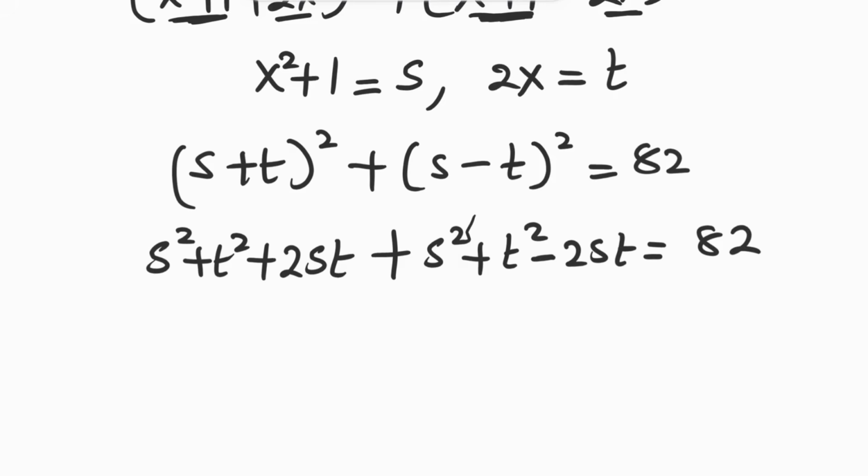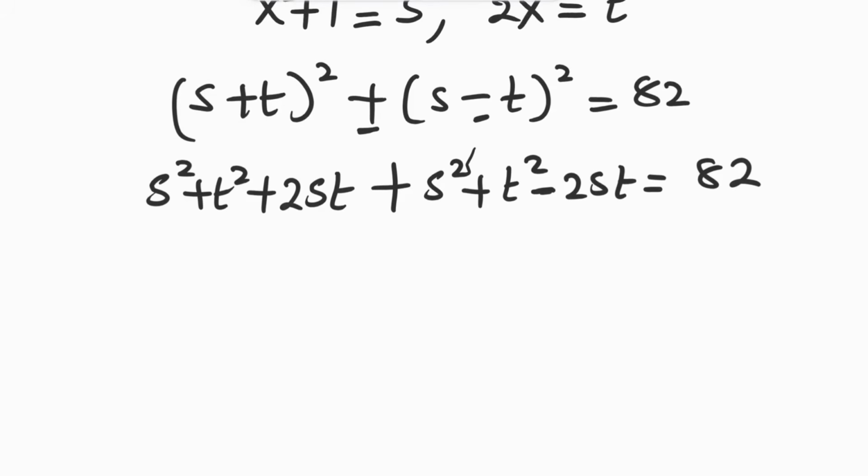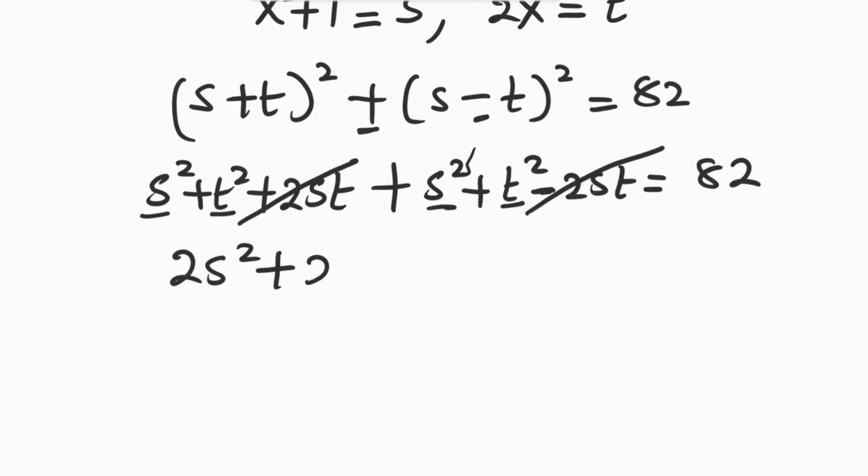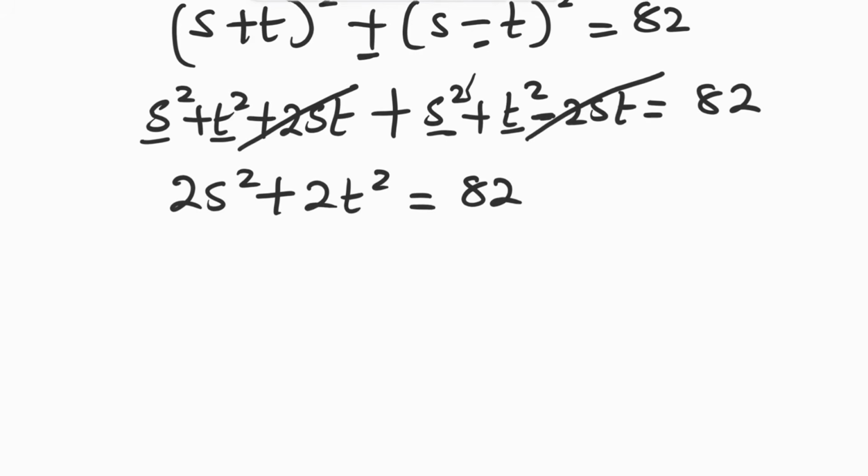This is going to be minus here because positive times minus is still negative. So we see that +2st and -2st both cancel out. So we have 2s^2 and 2t^2, all equal to 82.